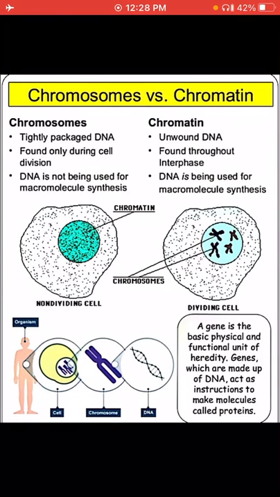During cell division, we find the phase interphase, inside which the chromatin thread is clearly visible. And third, this DNA is not being used for macromolecule synthesis. Basically, chromosomes are a combination of genetic material, that is DNA, and histone protein, of which nearly 40% is built in.